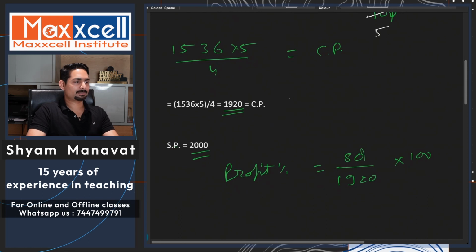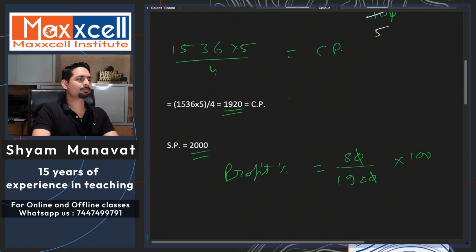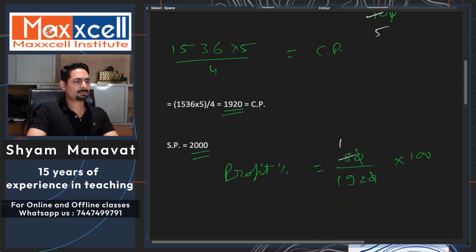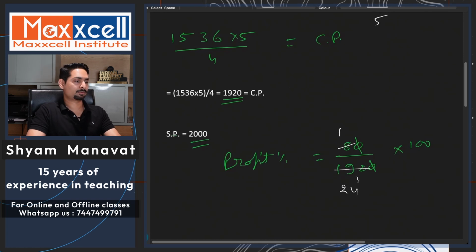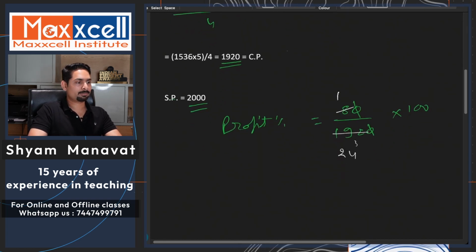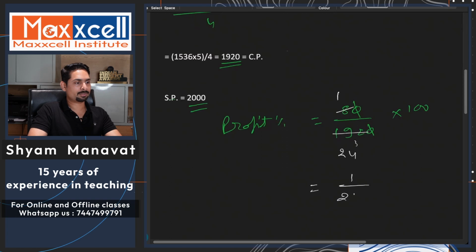Here we cancel zeros. What do we have? 8 ones are 8, 8 2s are 16, 3 will go here, 8 4s are 32. So the profit percent is 1 upon 24 into 100.